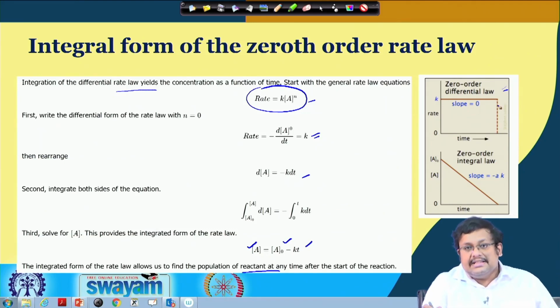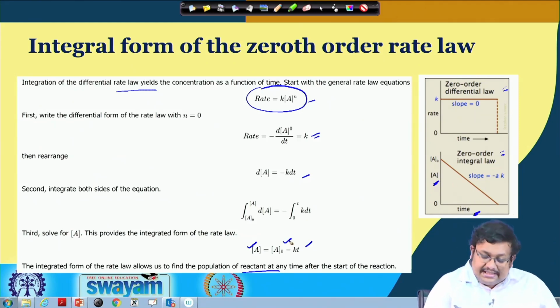We are seeing a constant k. However, in case of zero order integral law, if we plot the concentration of A versus time, we will see a straight line which has a negative slope. As you can see here, the slope is minus k. So, this is the graphical representation of the zeroth order rate law.